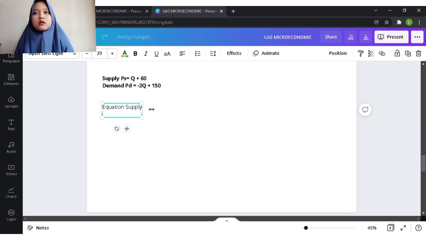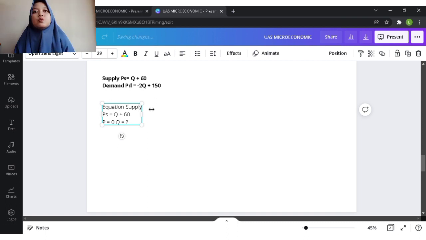So PS equal to K plus 60. If P is equal to 0, how much K do we get?